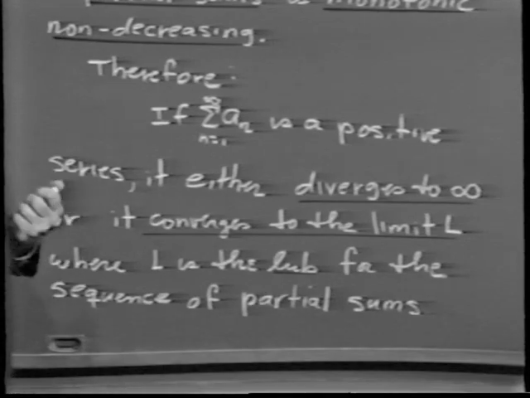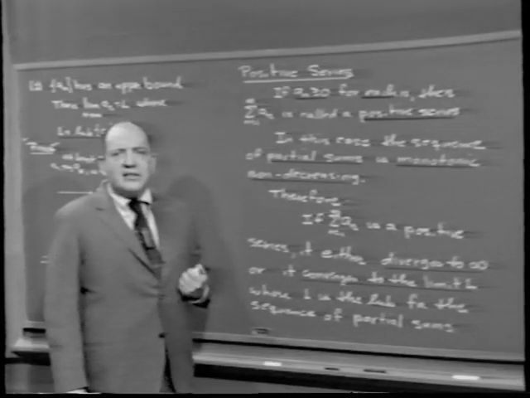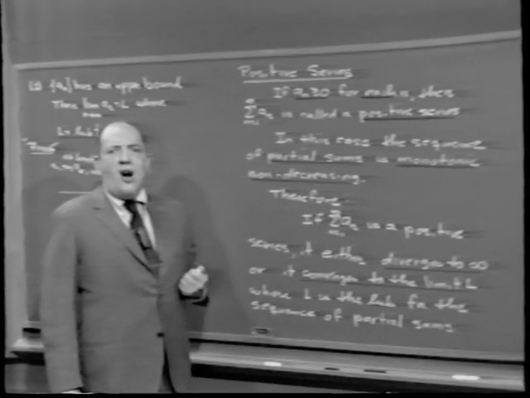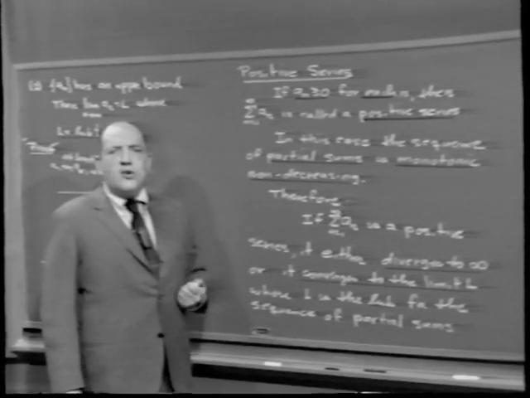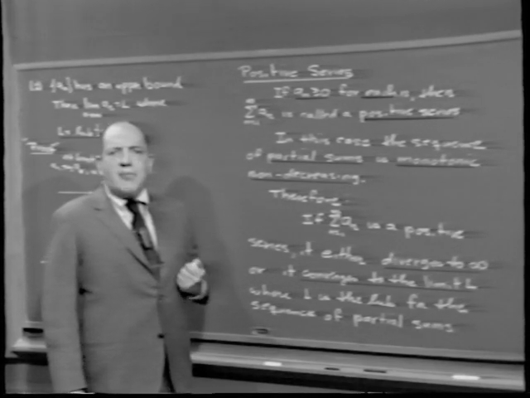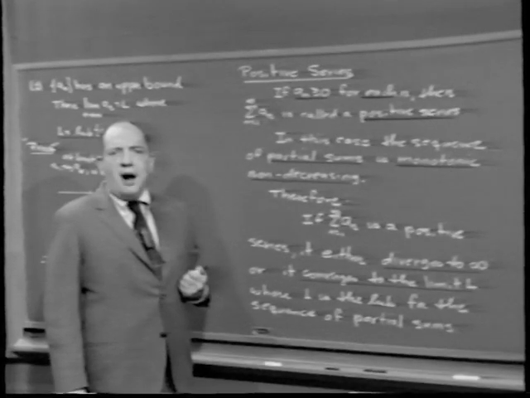Okay? Now, qualitatively, that's the end of our story. In other words, we now know what? For a positive series, it either diverges to infinity, or else it converges to a sum, a limit, and that limit is what? The least upper bound for the sequence of partial sums.